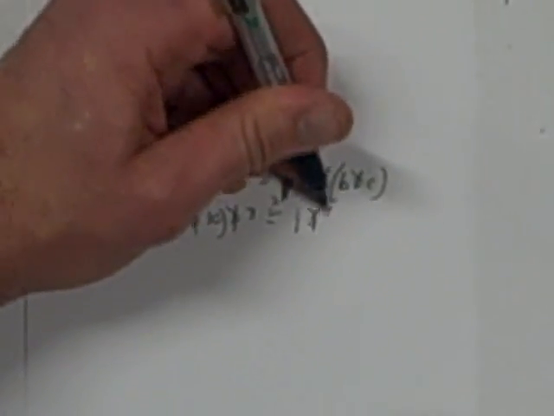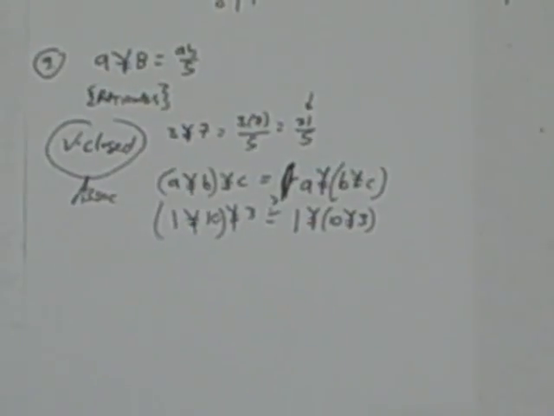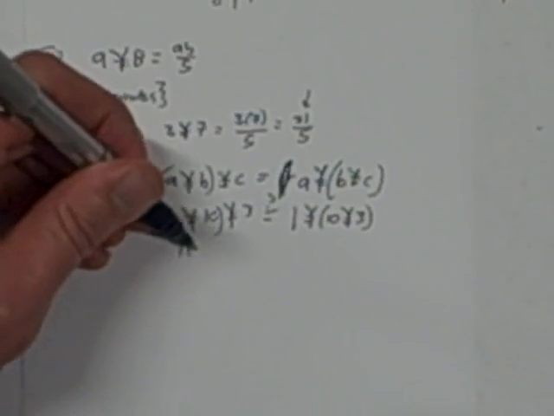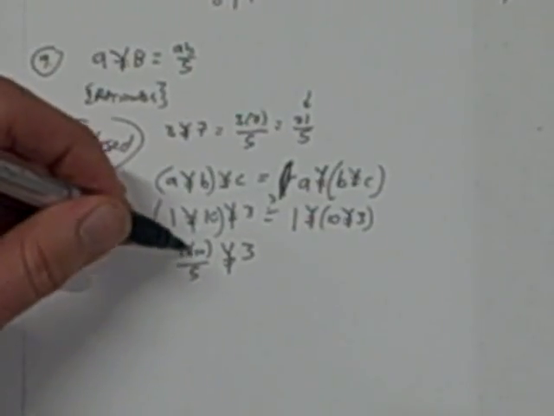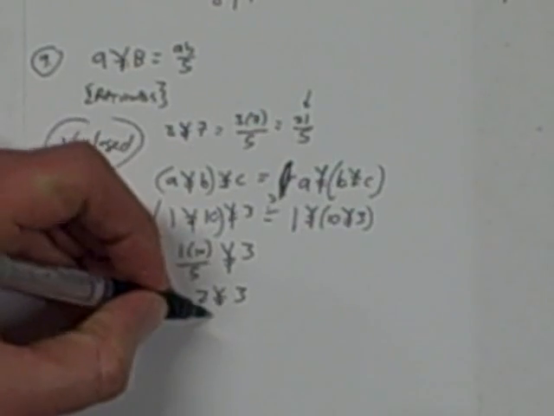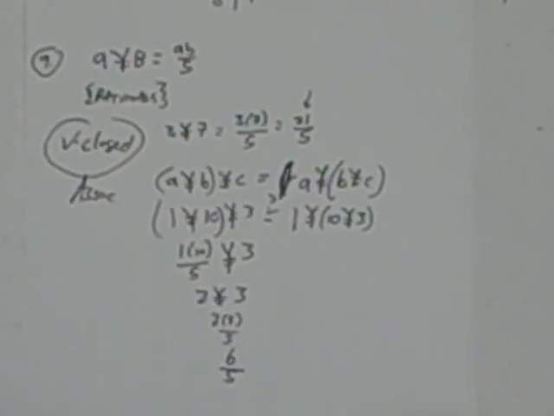Why not? And my question is, does that equal that? So let's do this. So 1 Y 10, that would be 1 times 10 over 5. This is 10 over 5, which is 2. This would be 2 times 3 over 5, which is 6/5.